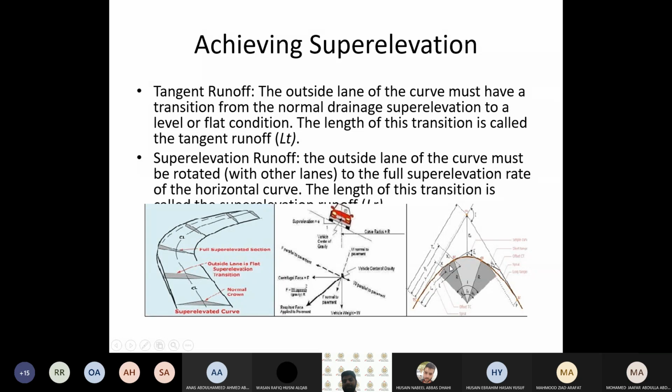When you are entering the circular curve, your cross slope should be close to full super elevation. We will discuss it in more detail. It can be either full super elevation before you enter the circular curve, or very close to the full super elevation.